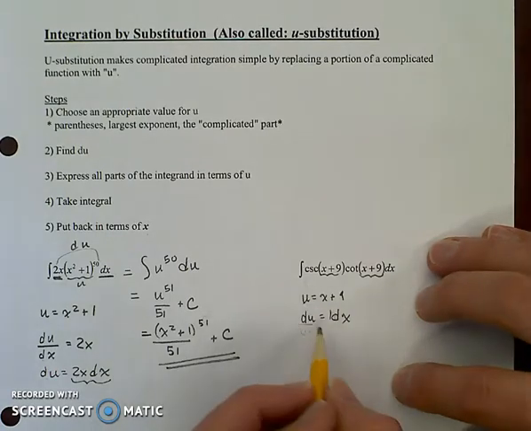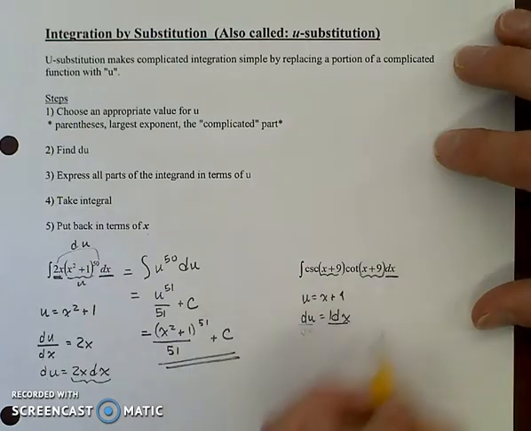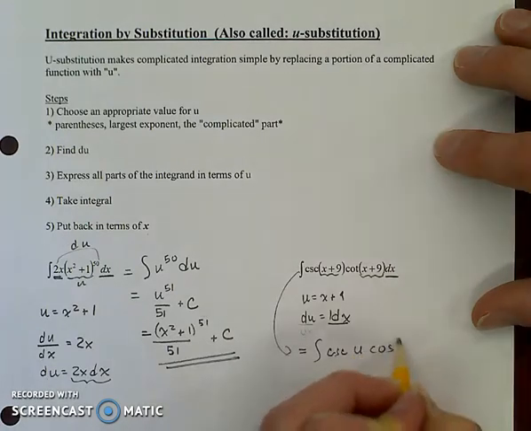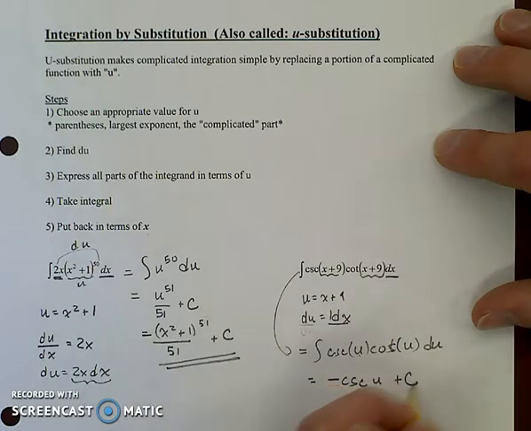So what did we just get? If this is the case, there's our dx, there's our dx. We could rewrite this as the integral of cosecant u cotangent u du. Go back and look at your notes from last class, and you realize that the integral of cosecant u cotangent u is negative cosecant u plus c.